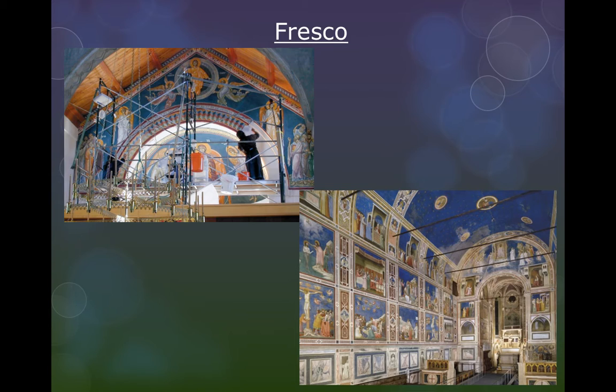You can see two examples of fresco painting where literally they're painting directly onto the wall, and then they would moisten the wall by putting fresh plaster down, and then they would take their paints and go in while the plaster was still wet and paint right on that surface. And then as the plaster dried, it would seal in the colors of the paint and what they were creating.